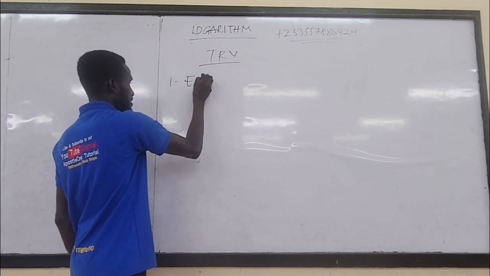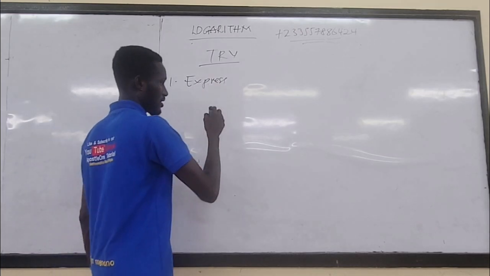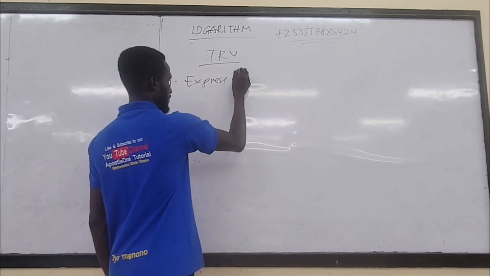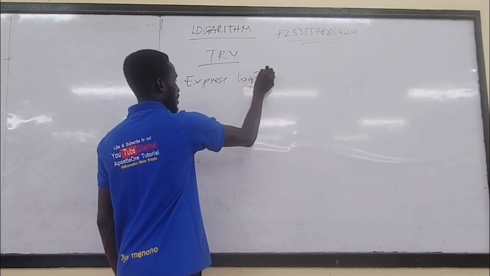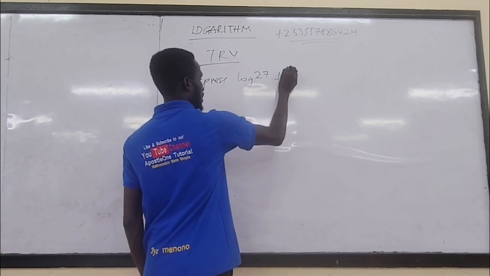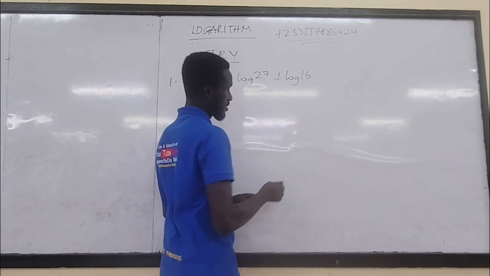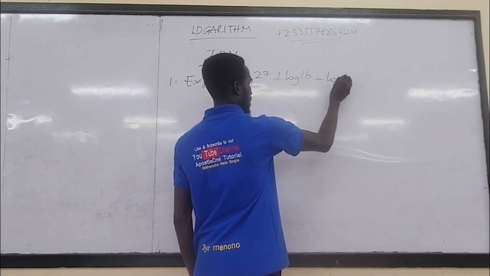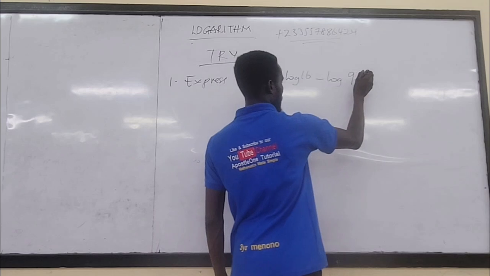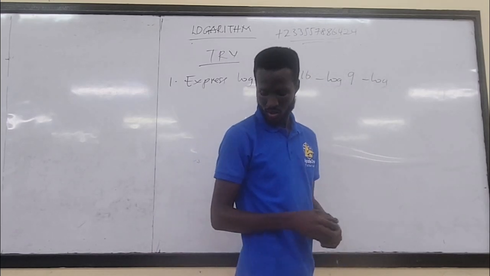Now express log 27 plus log 16 plus log 9 minus log 12.